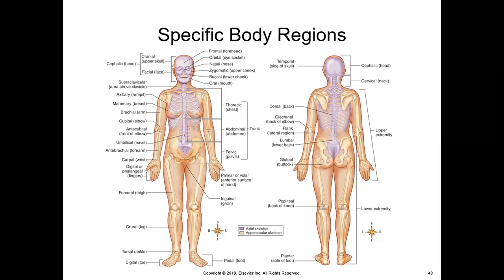Exercise 7, we'll go to page 61. On page 61, I do want you to know the epithelial cell types. So know when something's stratified, when something's simple, and then know squamous, cuboidal, columnar, pseudostratified.